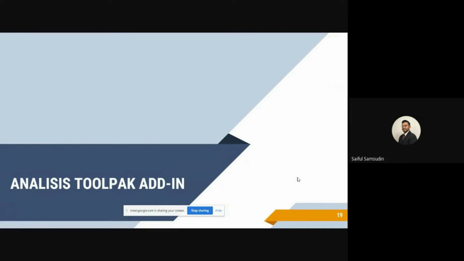Okay, so has everyone already opened your Excel? Dah buka. Boleh minimize, so boleh tengok sekali dalam slide.